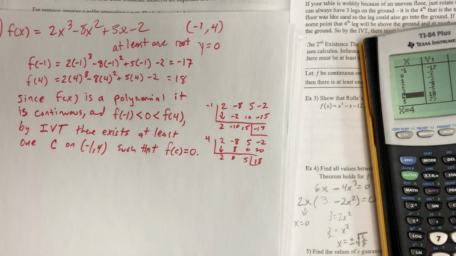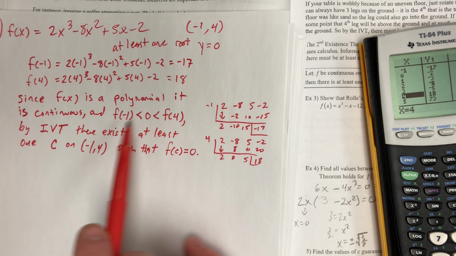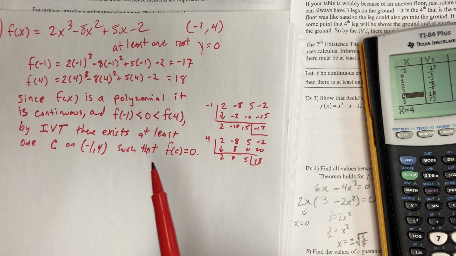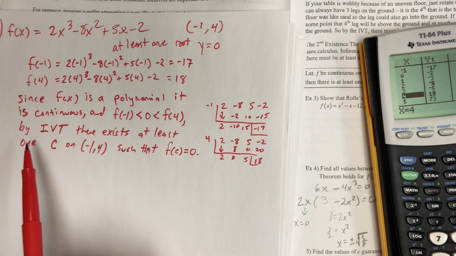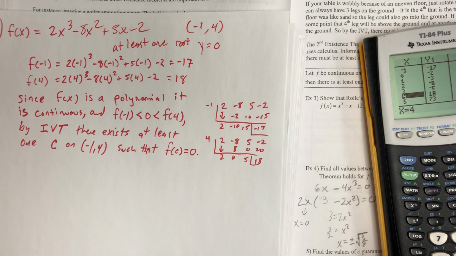Let's see if I've said everything I need to say. Did I say it's continuous? Yes. Did I say my y value is between? Yep. By IVT, there exists at least one c. I think I said everything.